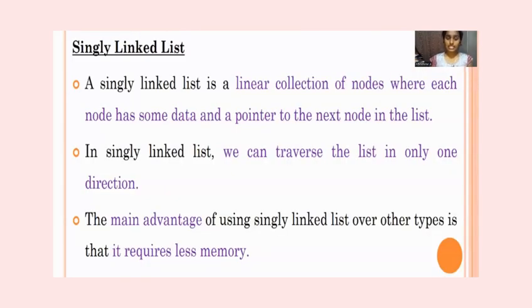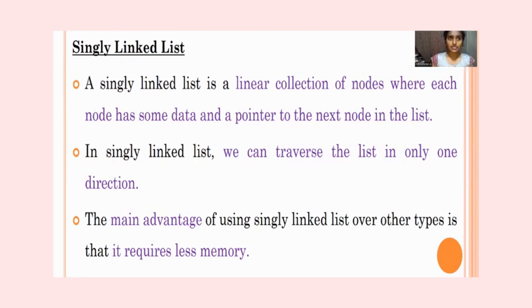A single linked list, or singly linked list, is a linear collection of nodes where each node has some data and a pointer to the next node in the list. Basically, it stores the address of the next node.